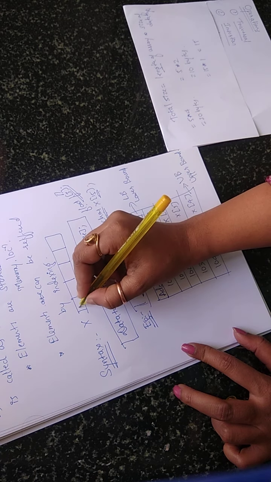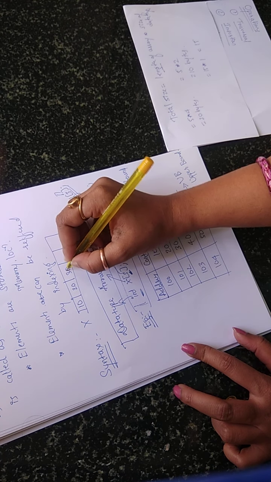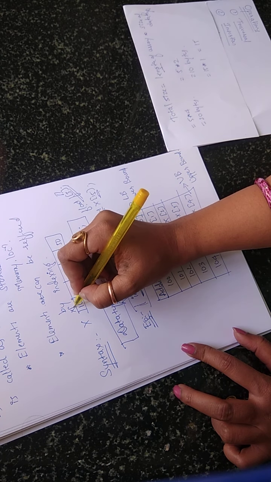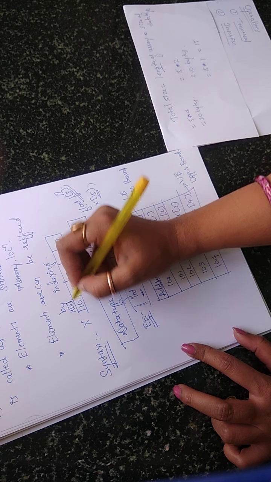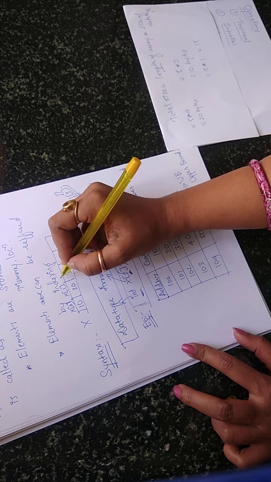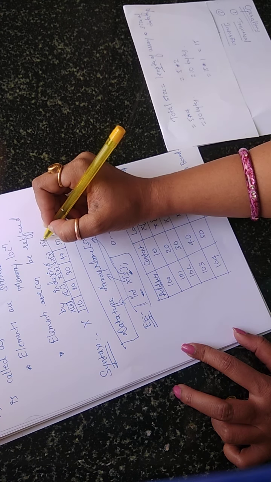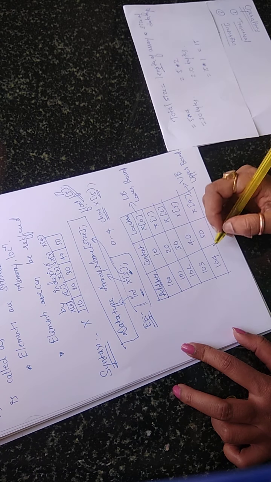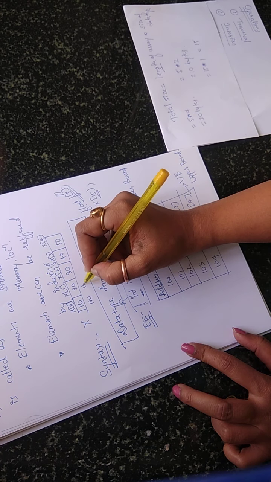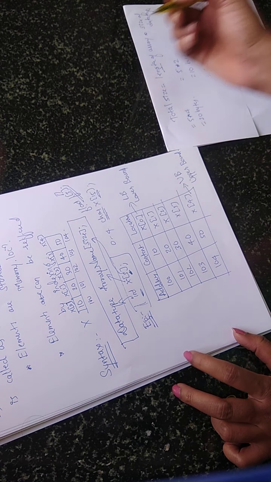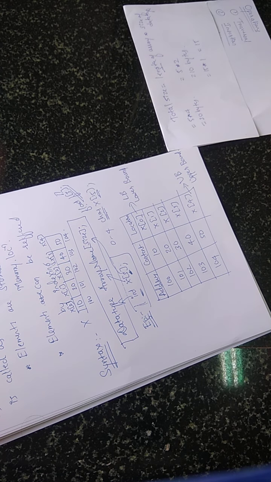The elements we stored are 10, 20, 30, 40 and 50. The locations are X of 0, X of 1, X of 2, X of 3, X of 4, and the addresses are 100, 101, 102, 103, 104 respectively. Like this, the memory allocation takes place for your one-dimensional array.